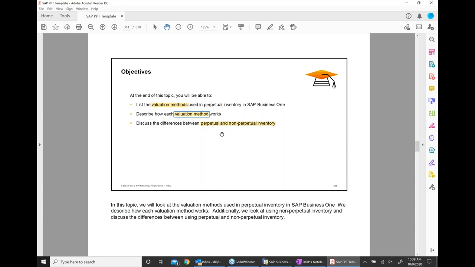We'll take some examples, and using those examples, we will talk about these valuation methods. There is also something called perpetual and non-perpetual inventory. So make a note of these terms. We'll talk about that as well.